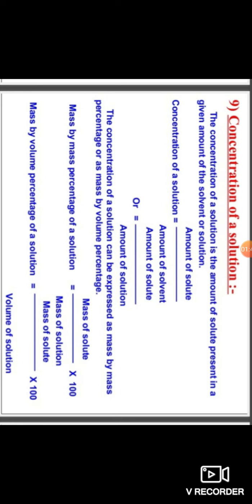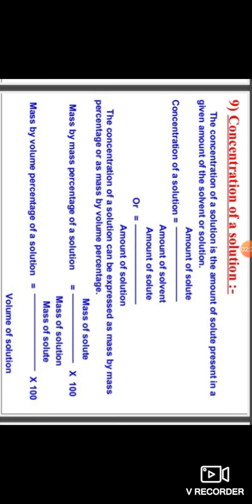The concentration of a solution is the amount of solute present in a given amount of the solvent or solution.